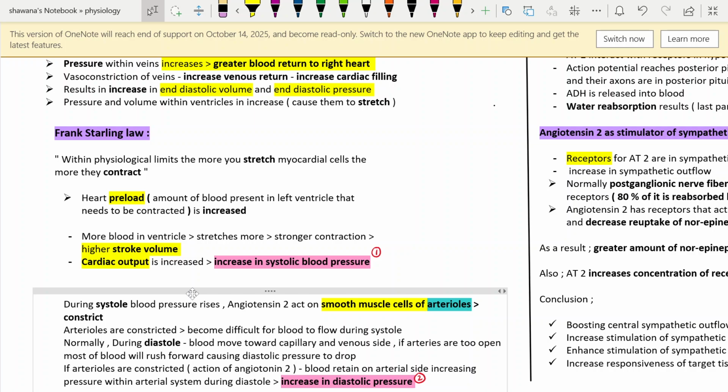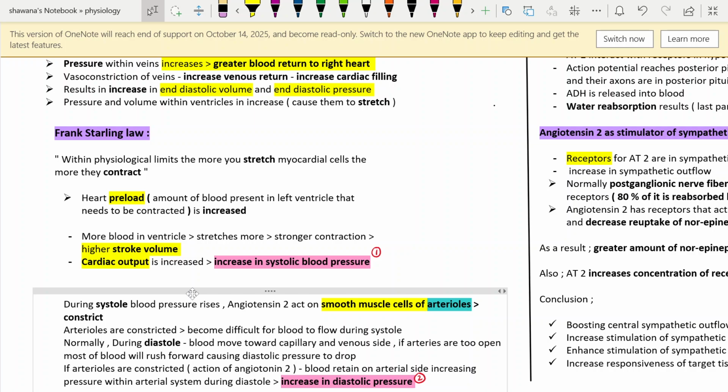The preload of the heart is increased due to increased cardiac filling, due to increased venous return, due to venule constriction, right? We are moving in the opposite direction. The more blood in the ventricle, the more it stretches, the stronger the contraction according to the Frank-Starling law, the higher the stroke volume and the higher the cardiac output.